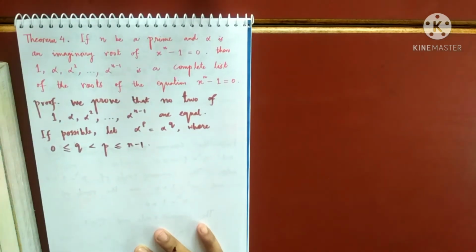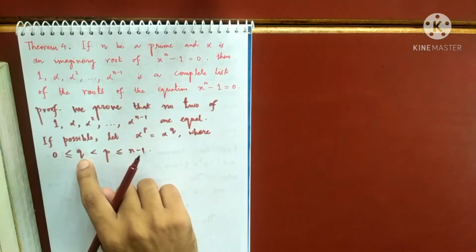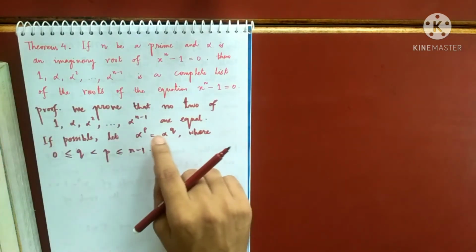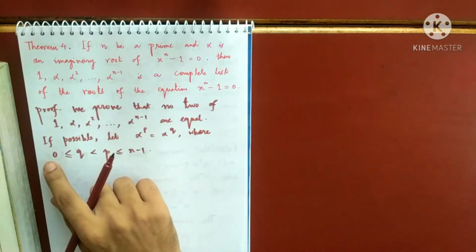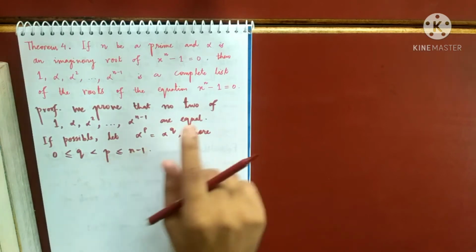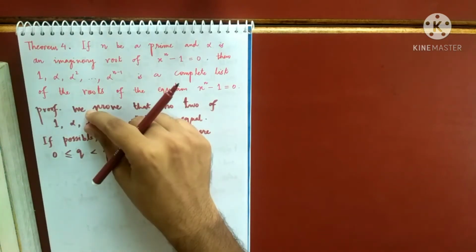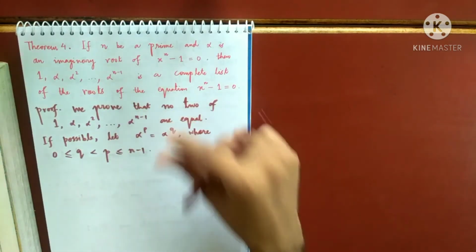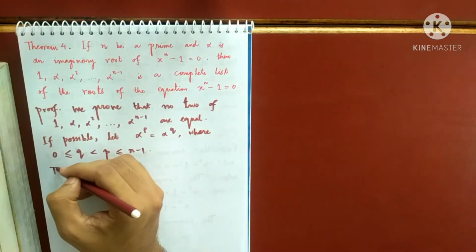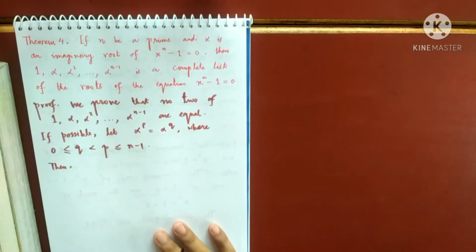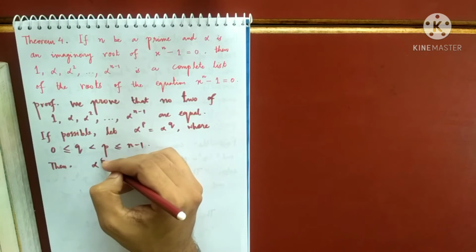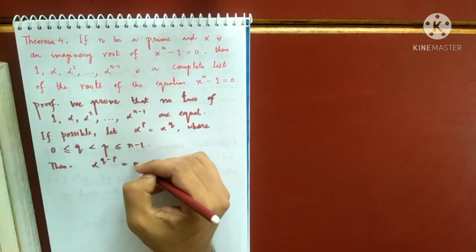When q is 0, this will become 1, so that will cover this case. So p and q can be any one of them. I am assuming that this one is the same as some different one, and let's see what will happen. If I divide by alpha to the power p on both sides, what will I get? Alpha to the power q minus p equals 1.